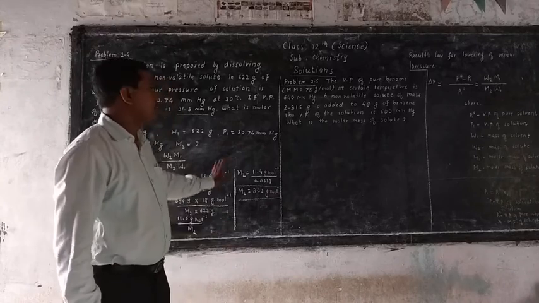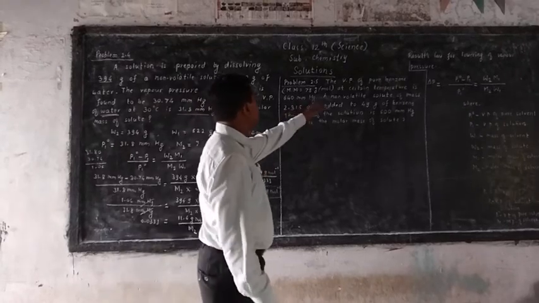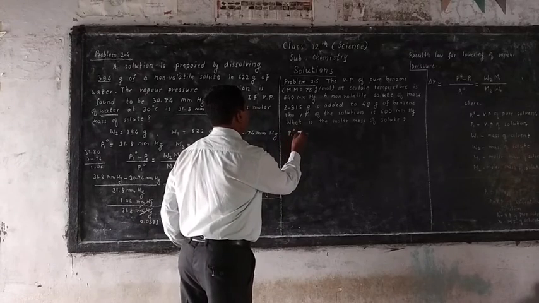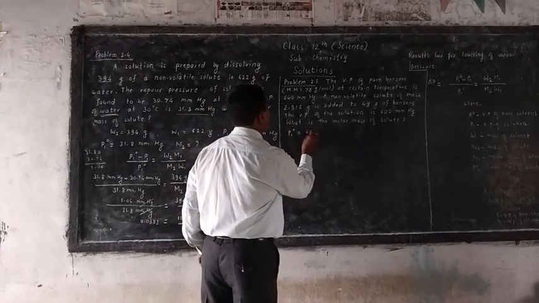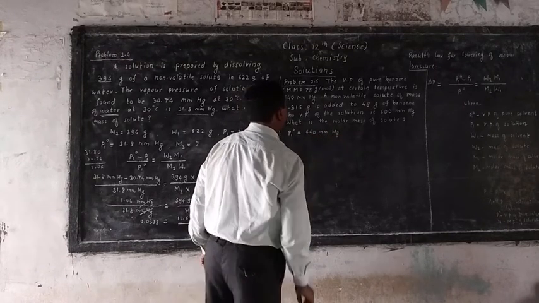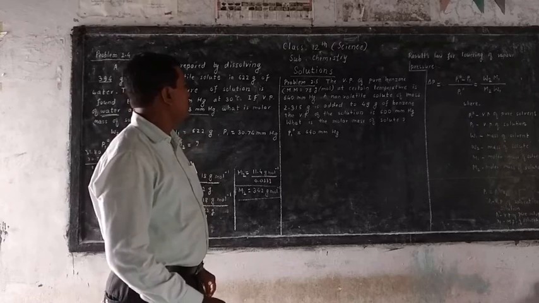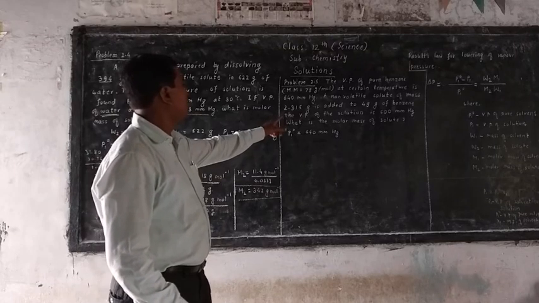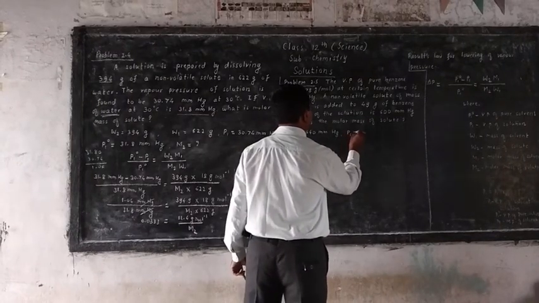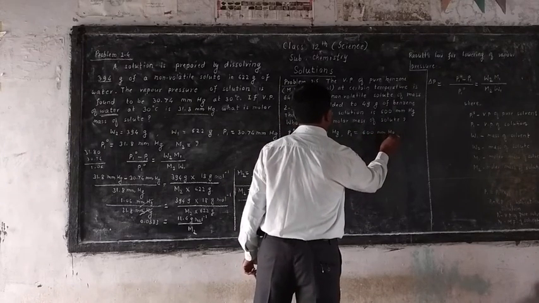Here again we have to collect data from the question. The vapor pressure of pure benzene will be P10, 640 mm of mercury. Then the vapor pressure of solution will be P1, 600 mm of mercury.